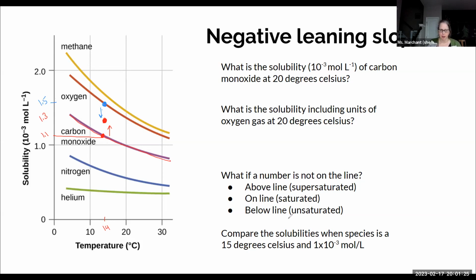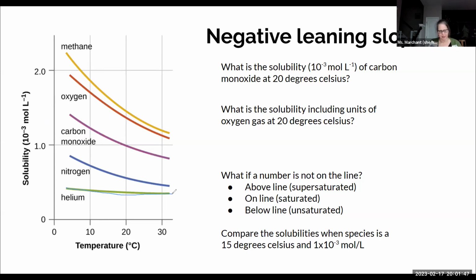So if it is below the line, it is unsaturated. So methane and oxygen, when I'm looking at this point, are going to be unsaturated because they could still dissolve more at that point. So make sure when you're talking about what the line is, look at the particular one.